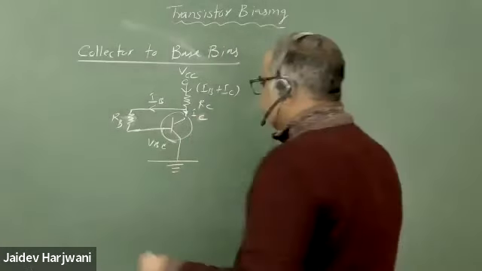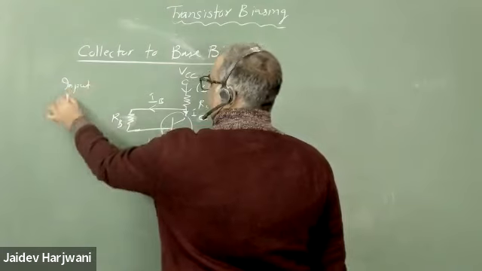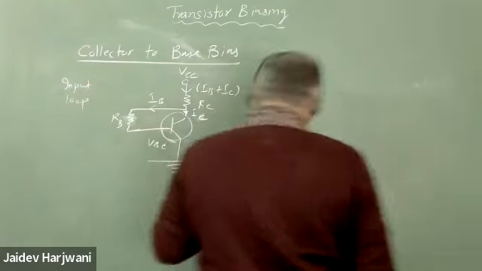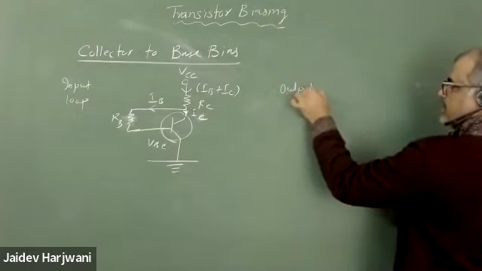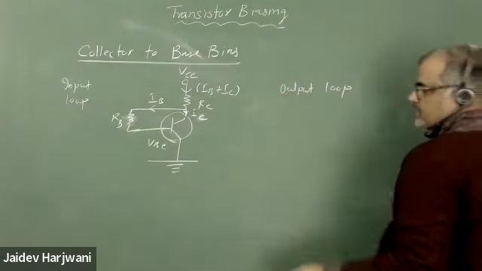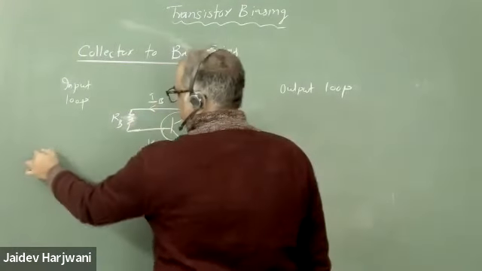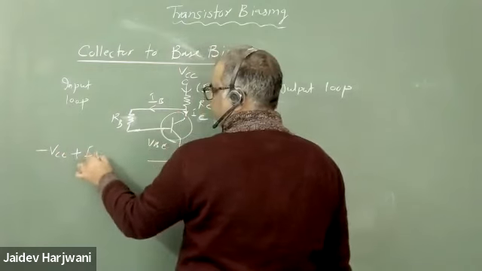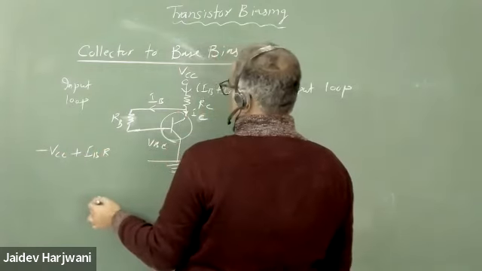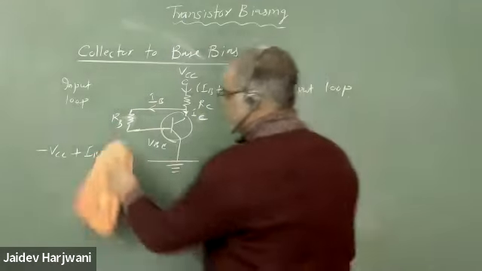Now again you have two loops: the input loop and the output loop. Just write the equations. So again, if I take this loop, with the same equation I get minus VCC plus IB RB, sorry, this time I have an IC also.